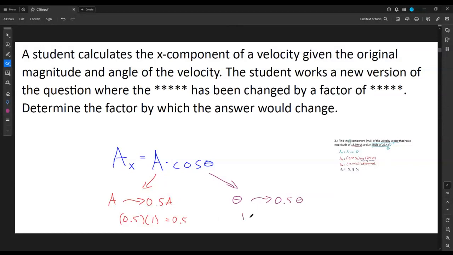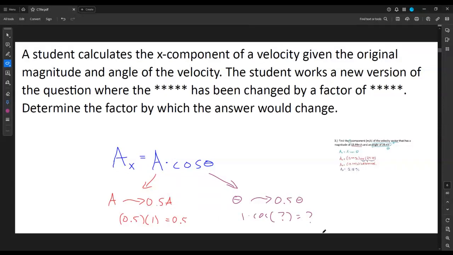So you think, okay, well that's 1, and then that's times cosine. And then the unfortunate thing is cosine is a little bit unpredictable. So taking cosine of half of the angle is not going to give you an easily predictable number. It's not going to be easy to see by how much that's going to change.